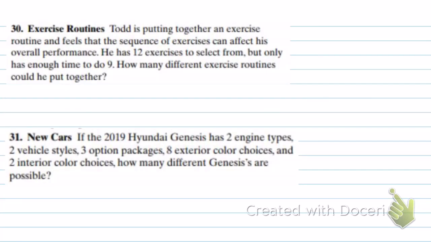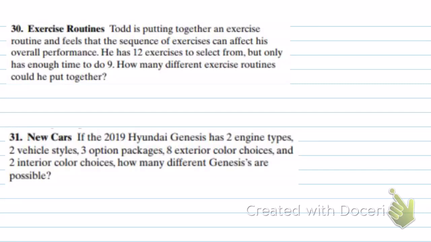Okay. Todd's going to get a sequence of exercises for his exercise routine. And he thinks the sequence of exercises can affect his overall performance. Now, just intuitively, does the order matter or not? Yeah. All right, so the order matters, so I'm going to leave combinations out of it. He has 12 exercises to select from, but only has enough time to do 9.